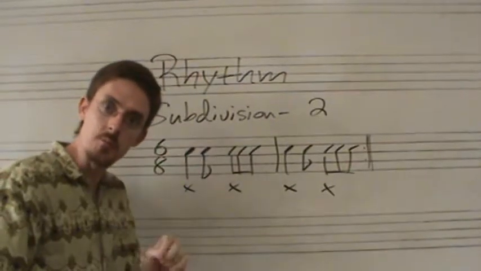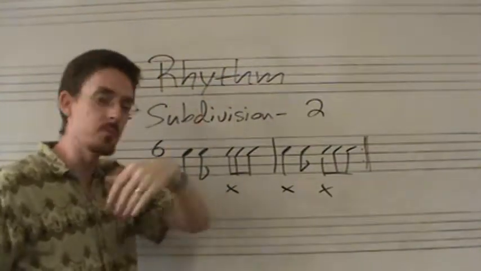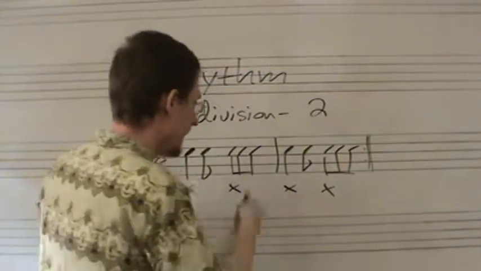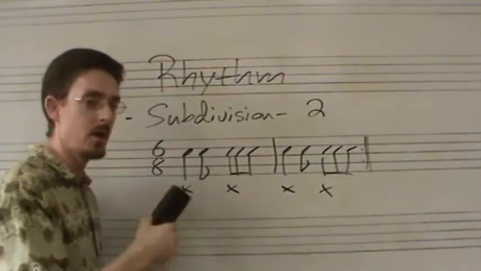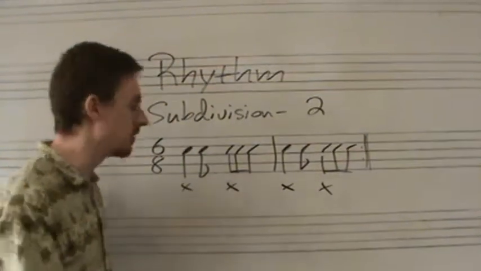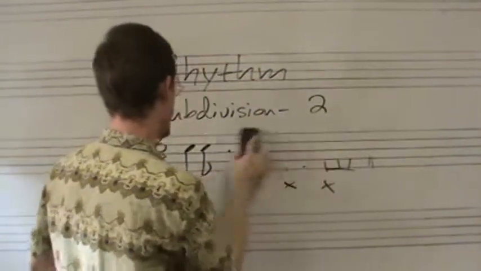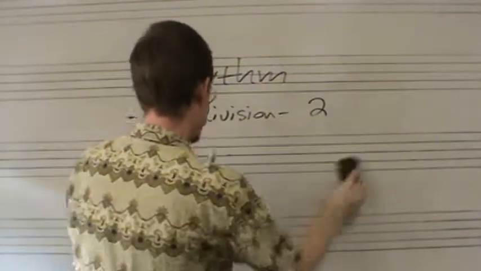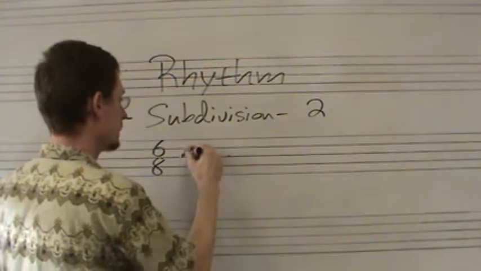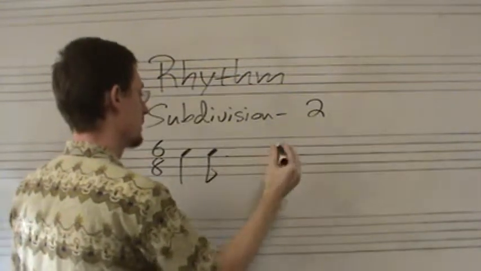Let's talk about the double subdivision, equivalent to the 16th notes in simple meter. And lucky enough, in compound meter, there are also 16th notes that are the level of the double subdivision. Let's make a little more space here. Let's begin just as we did before.